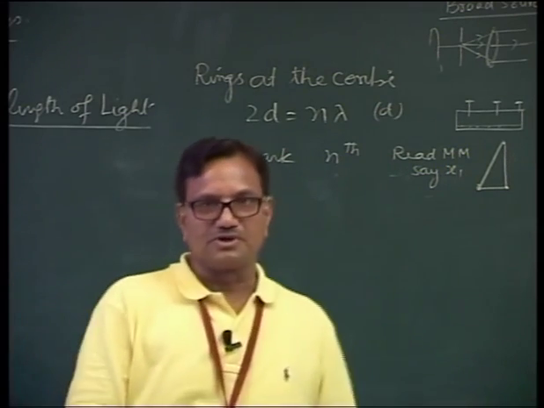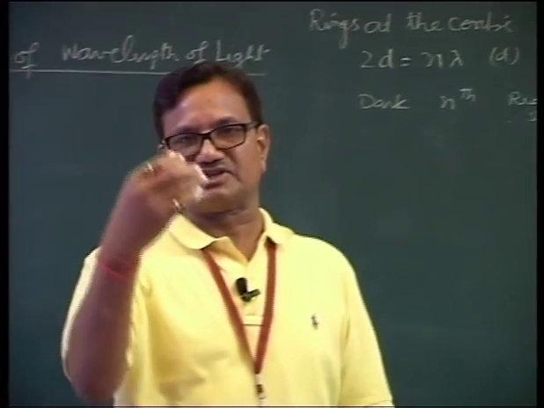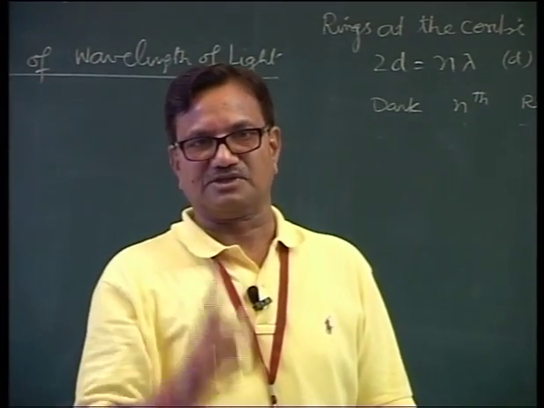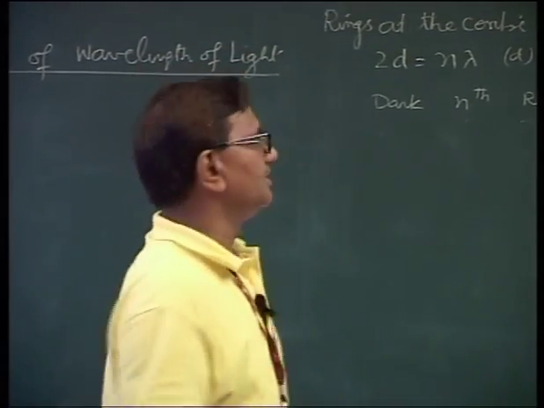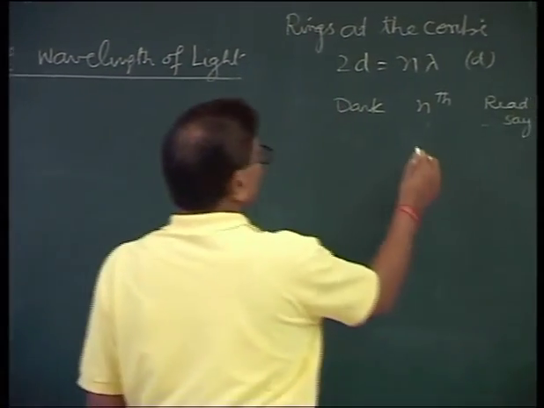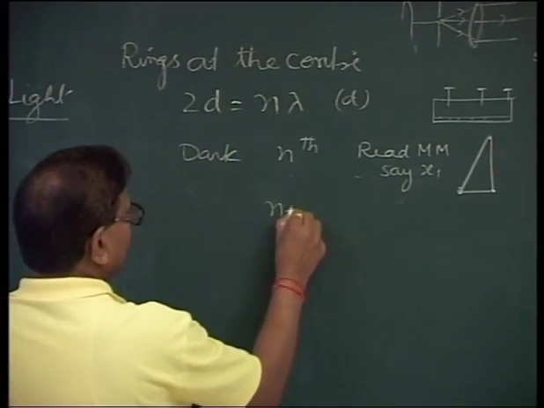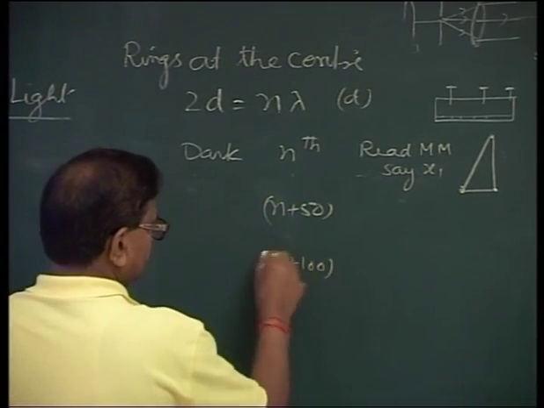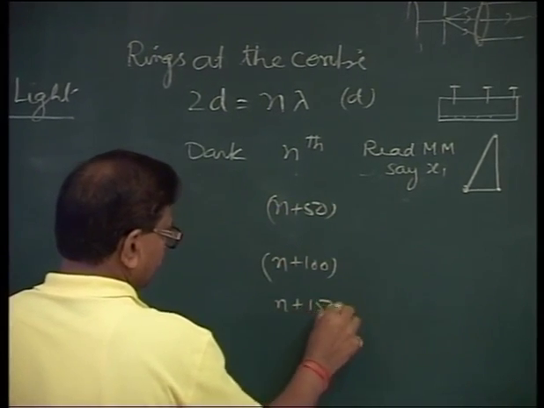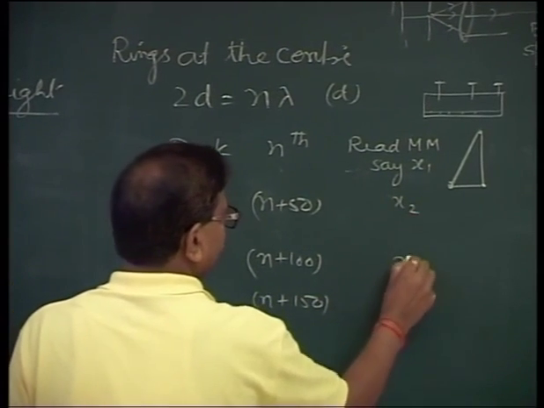As it is moved, the center changes to bright, then the center changes to dark again. That means 1. Next time dark, 2. Third time dark, 3. And so on and so forth. So we go on counting the rings, say n plus 50, then n plus 100, then n plus 150, and so on, and the corresponding readings we note down.